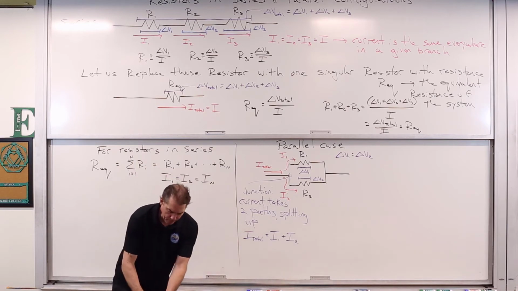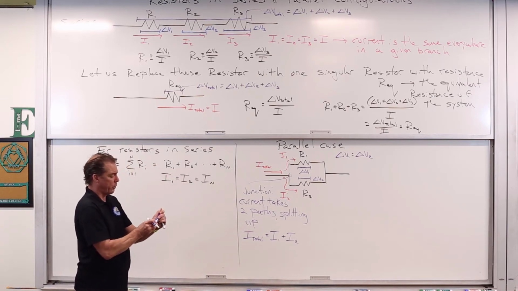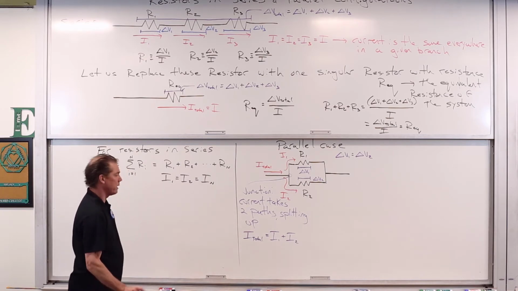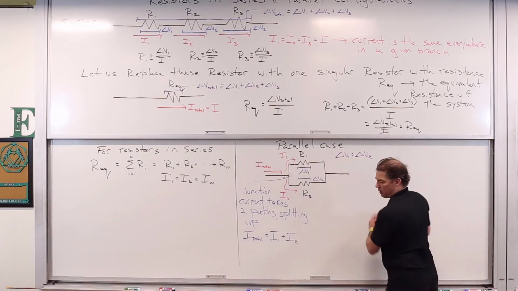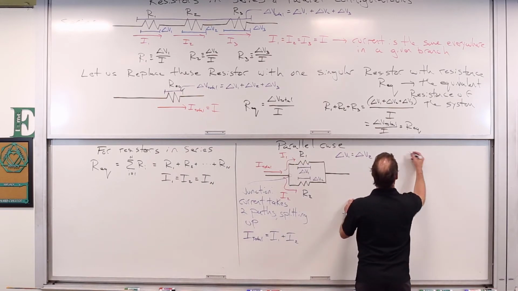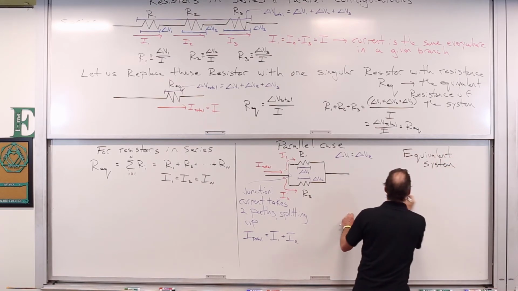So, now we come to the point where we say, you know what, we want to replace these two resistors with one overall resistance. Instead of having these two separate pathways, we just want to have one. So how are we going to go ahead and do that? So, we'll draw out the equivalent system here. And we've just got this.